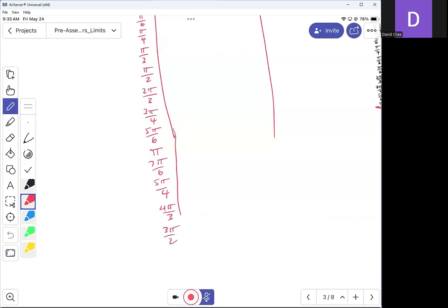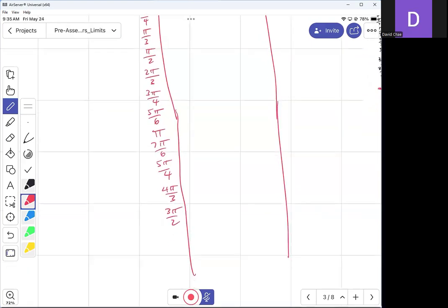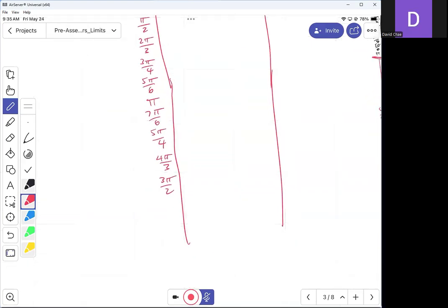Go all the way with this one, so it's 5 pi over 3, 7 pi over 4, 11 pi over 6, and then 2 pi.